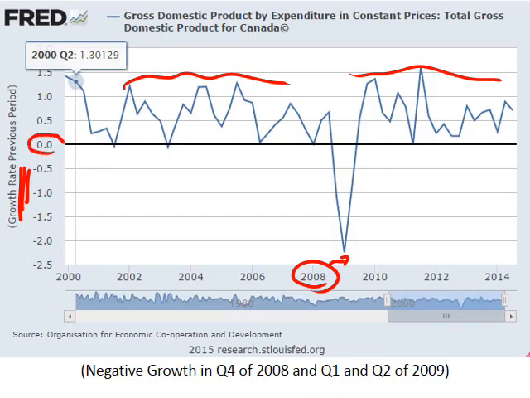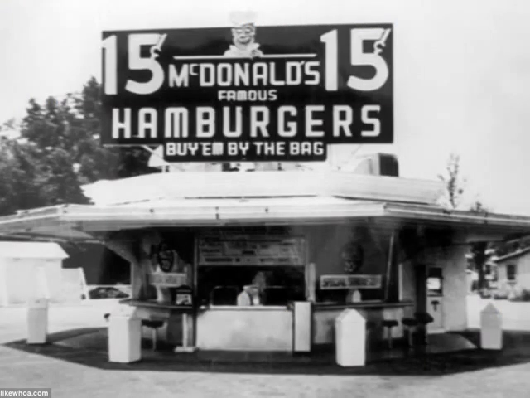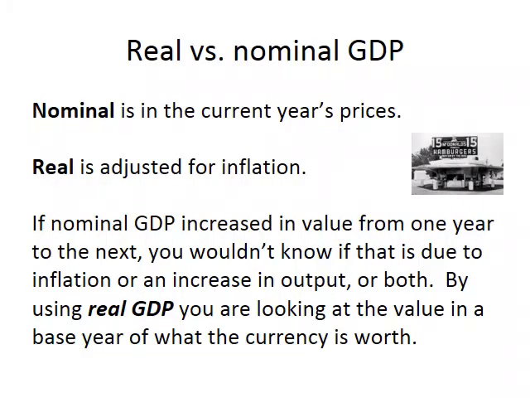As long as it's above 0, whether it's here or here, the GDP is still growing. But when it dips below, GDP is actually falling. And anyway, we'll talk about prices and real GDP and nominal GDP, but here's just a bit of a picture of the past of how cheap things once were.